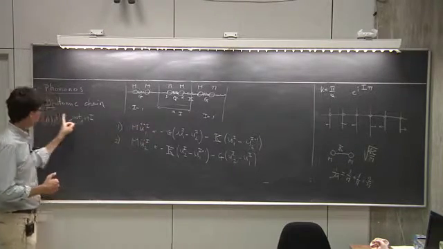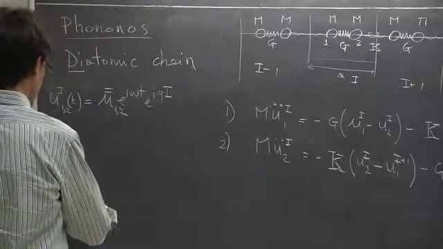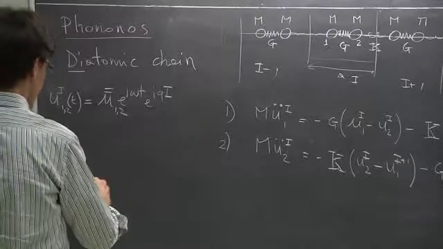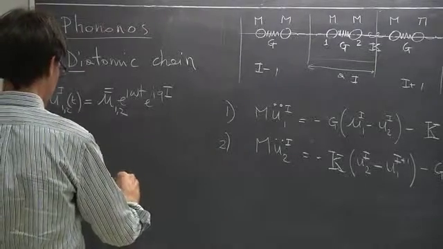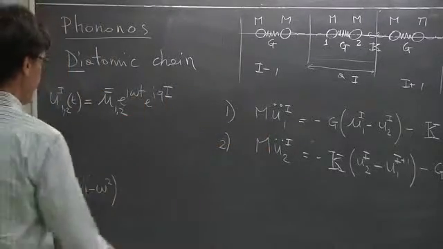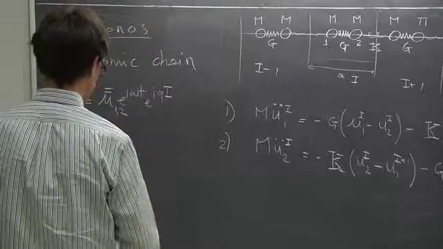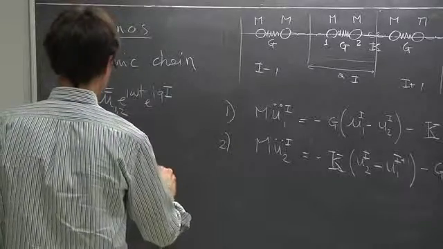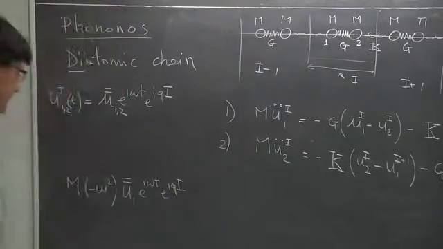So I'm going to put it inside there. So the first line will become m times minus omega squared, which comes from the second derivative, omega is the same, times u double bar 1 e to the I omega t e to the I q I. All right?